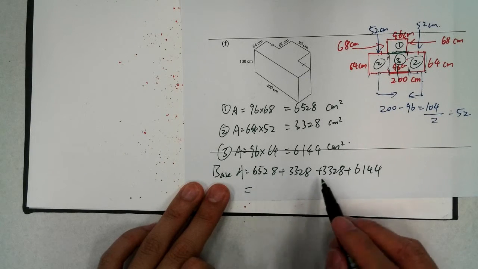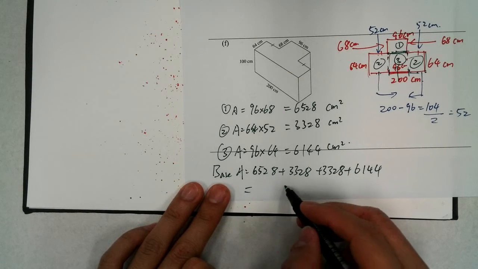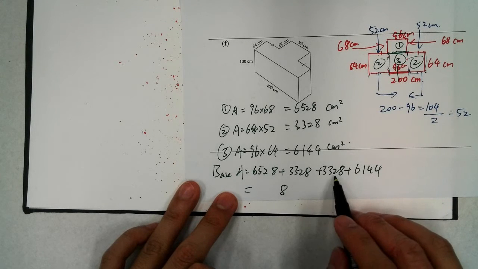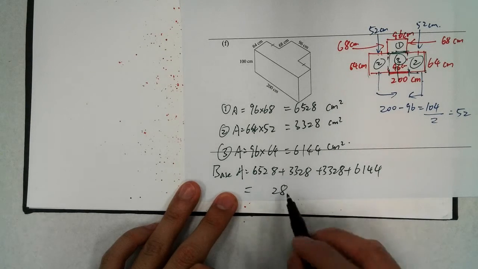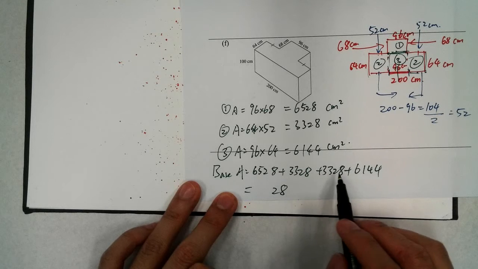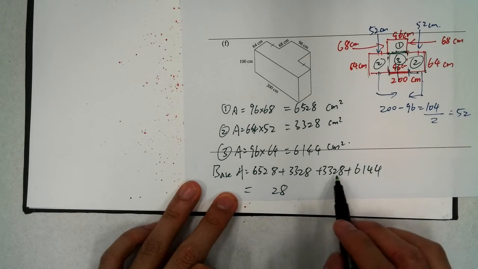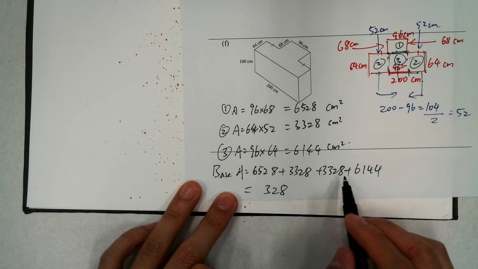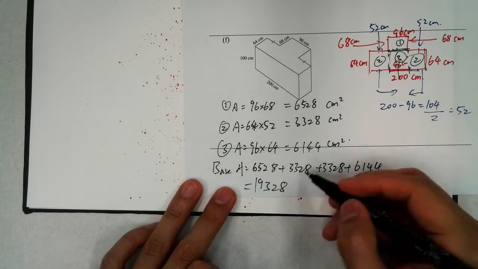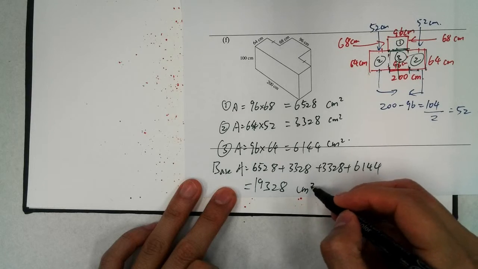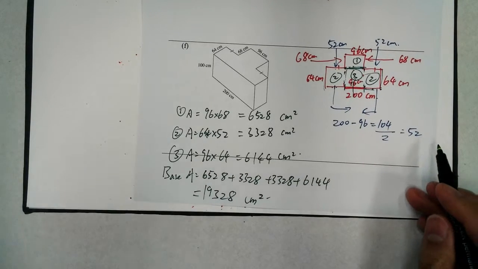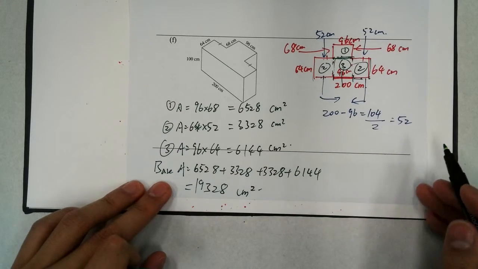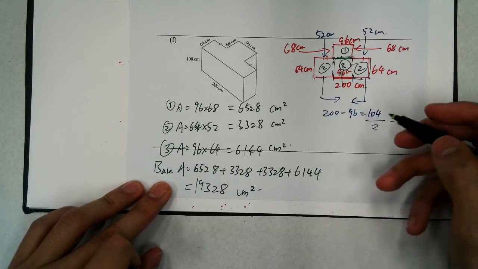So the answer is 19,328 centimeters square. So the base area is 19,328. And therefore, what I need to do is find the volume.